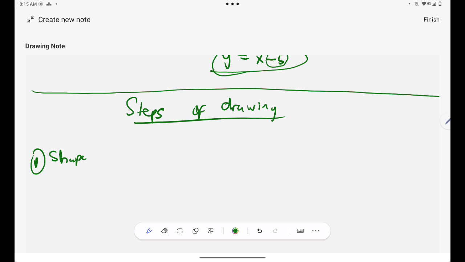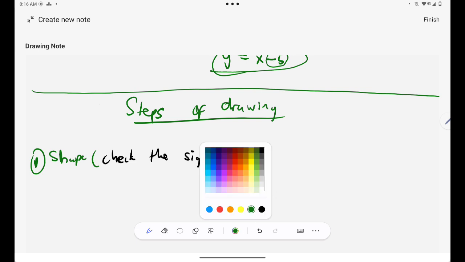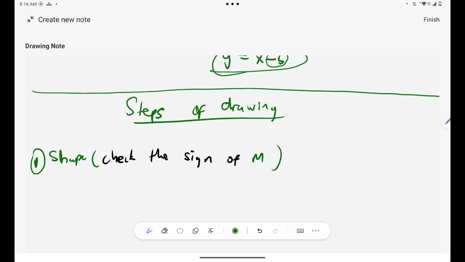Are you together? And for you to establish your shape, in simple terms, we are just saying to you, check the sign of m, which is the gradient.